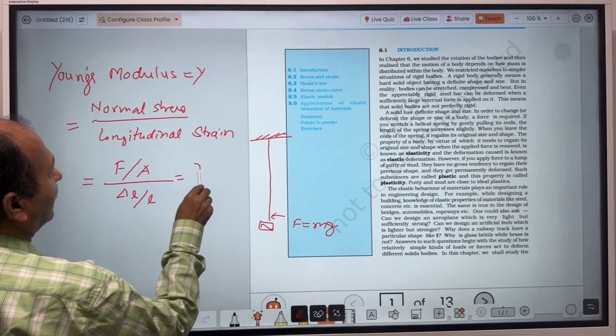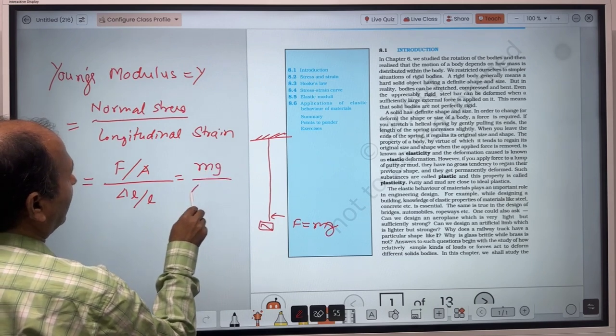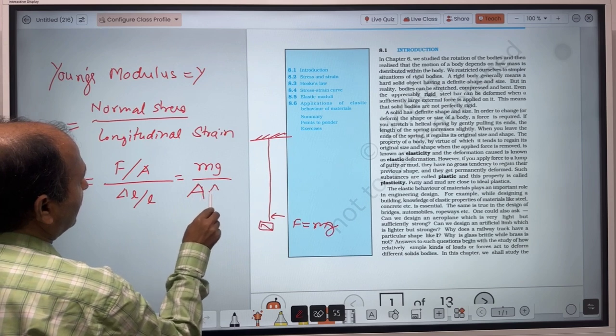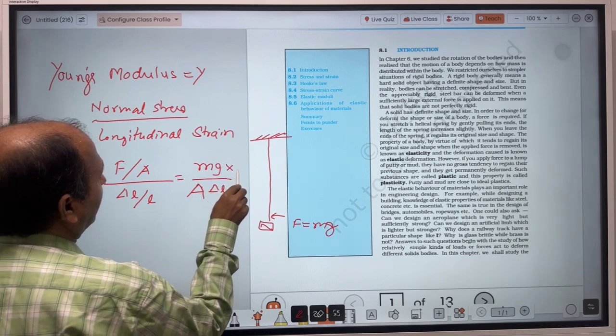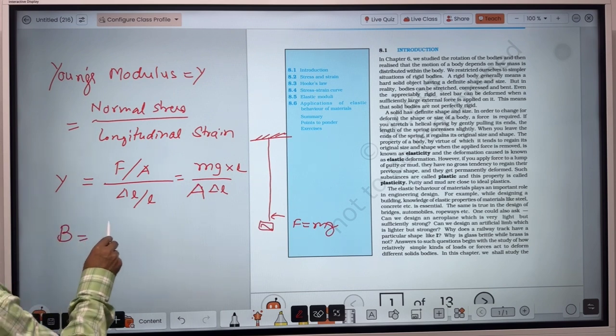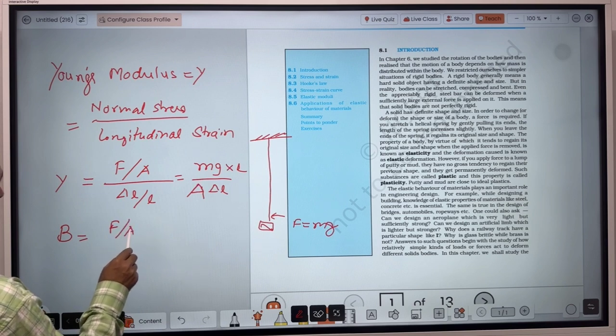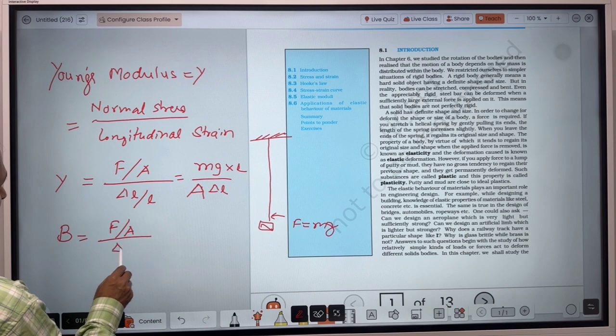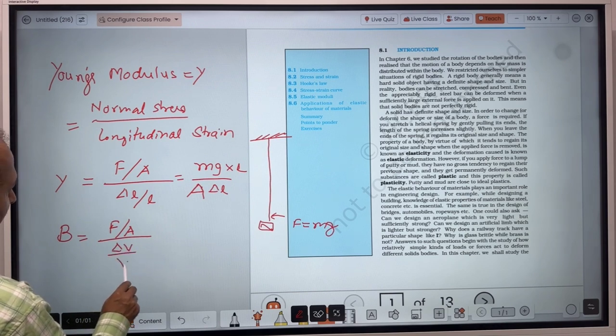So here you can further write mg divided by A times delta L upon L. So Young's modulus is like this. Similarly, if you write bulk modulus, suppose we denote it as B. So force upon area divided by change in volume delta V divided by V.